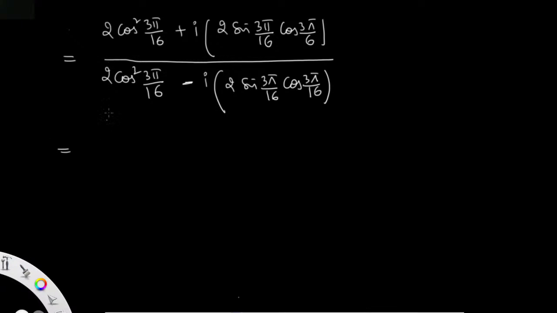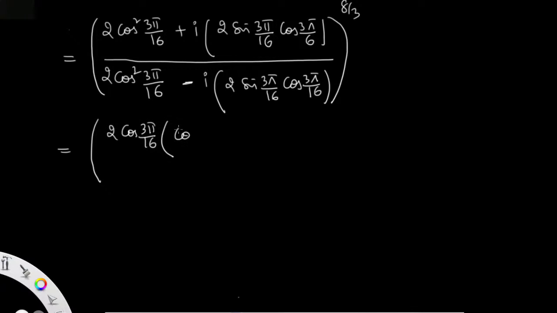Now in the numerator we get all this to the power of 8 by 3. In the numerator 2 cos 3 pi by 16 is common, so that is cos 3 pi by 16 plus i sin 3 pi by 16.